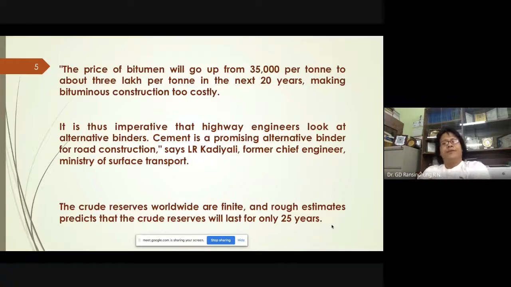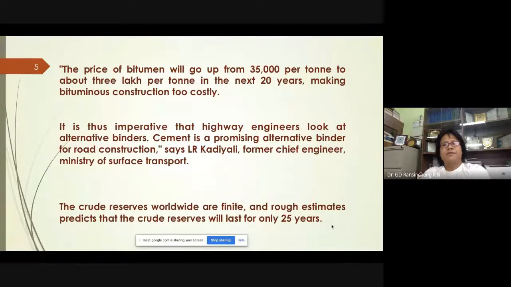And also, it is claimed that the price of bitumen will go up from 35,000 rupees per ton to about 3 lakhs per ton in the next 20 years, making bituminous construction too costly. It is thus imperative that highway engineers look at alternative binders.